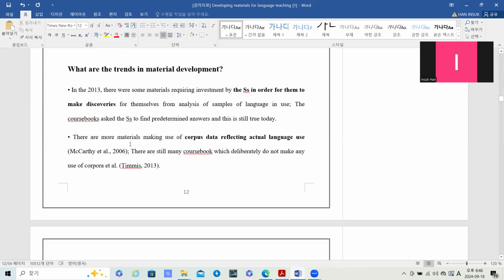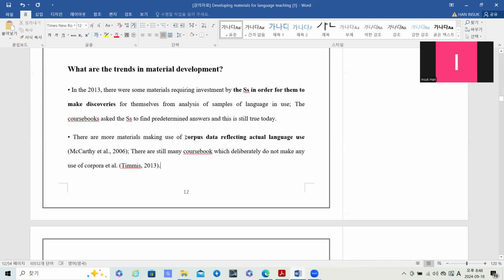There are more materials making use of corpus data reflecting actual language use. Corpus data. These days, it's been around 10 to 15 years that the corpus language learning or corpus approach has become very, very popular in the area of ELT.